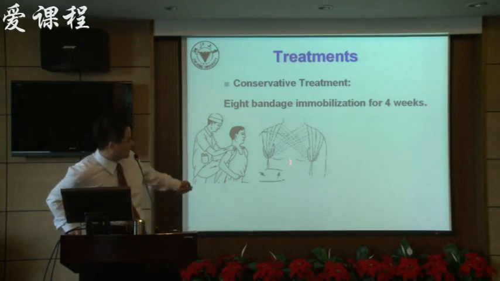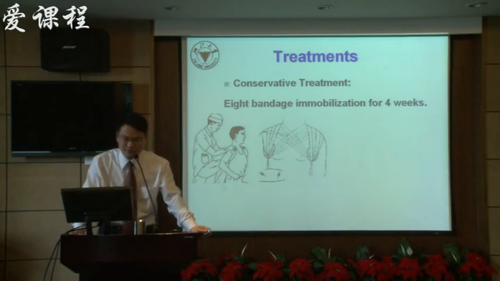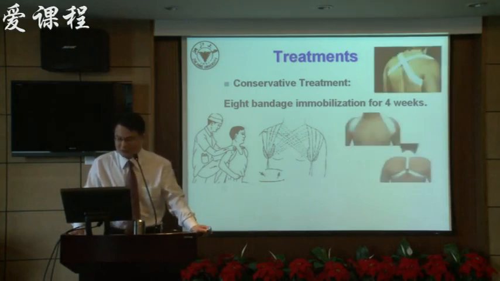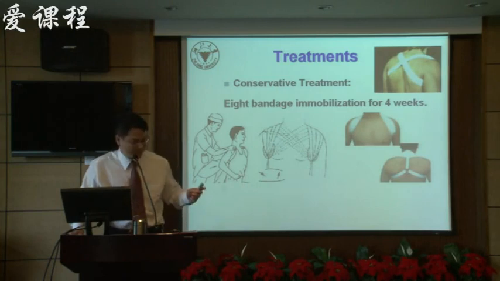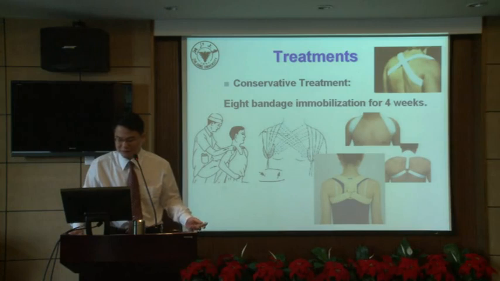This actually is a so-called 8 bandage, and the shape of this bandage is similar to the letter 8. Here are some commercial equipment used as 8 bandage. Here is another one, probably much better than the bandage itself.